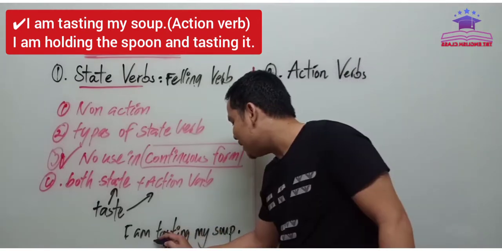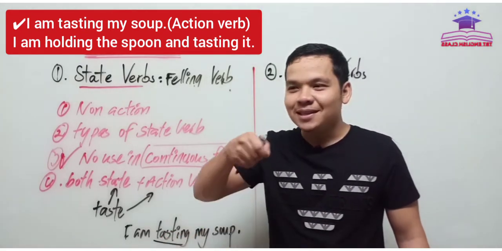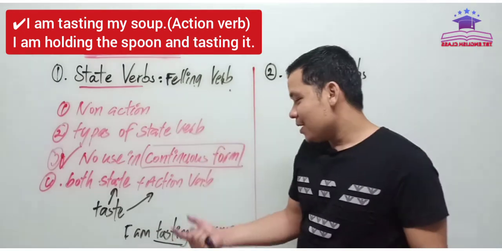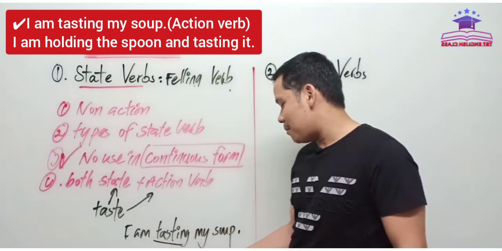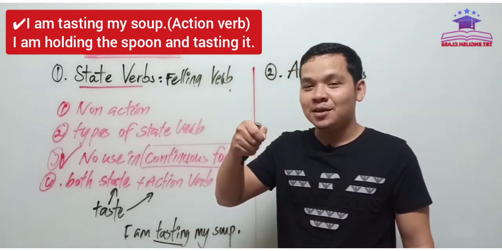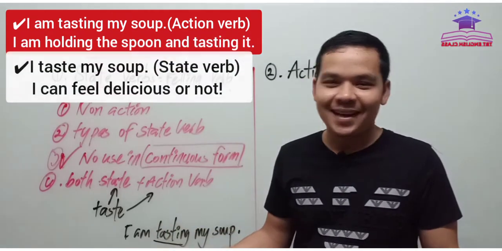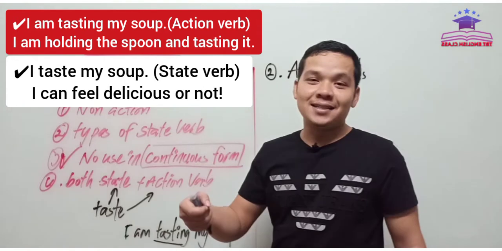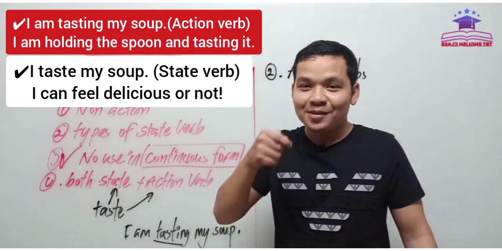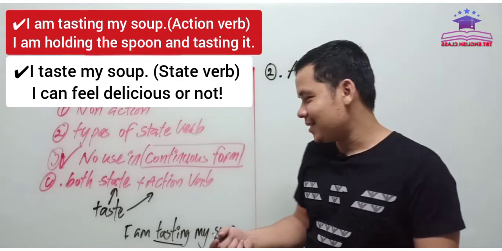So when I say this sentence, I am tasting my soup, it means that I am eating my soup, or yes, I am taking a spoon and tasting the soup that my wife cooked. Okay, like that. So the activity we can see when you say "I am tasting my soup" is that you are taking and holding the spoon and tasting your soup, like this.